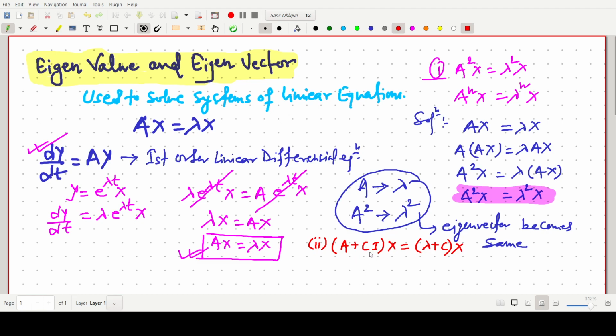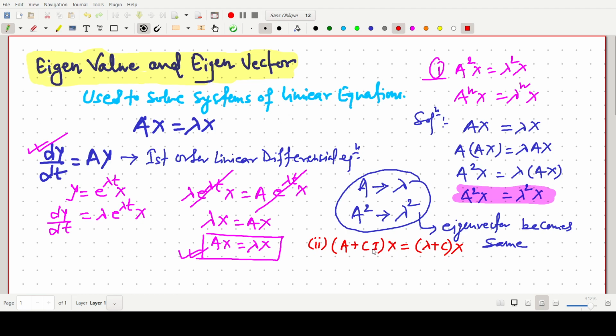Initially Ax equals lambda x, and if we add some multiple c of the identity matrix, the eigenvalue also changes to lambda plus c.